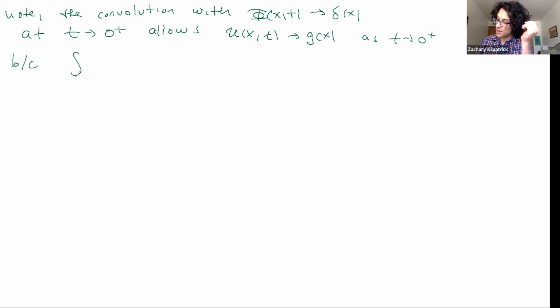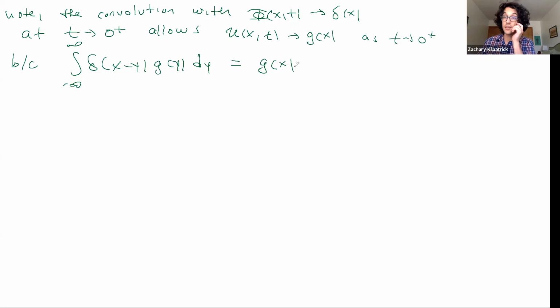Basically because the integral from minus infinity to infinity of delta of x minus y, g of y dy is equal to g of x, okay? This is just the definition of the delta distribution, okay?